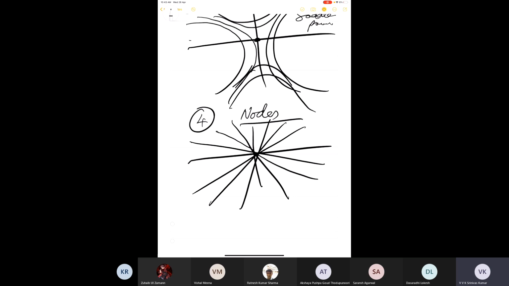Nodes. So we will study various examples where the critical points are either nodes or saddle points or centers or spirals. Okay.